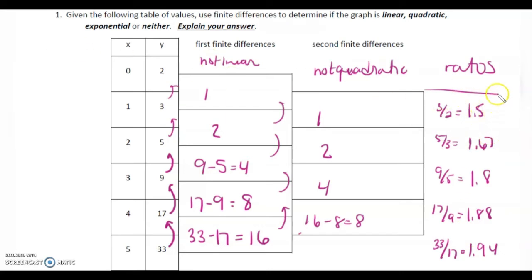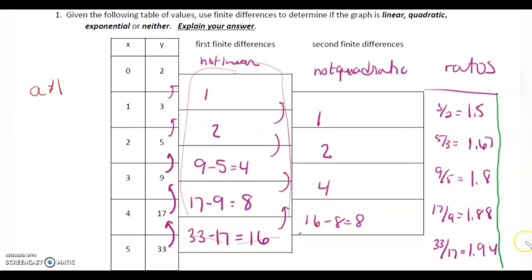So if we're taking a look at these, we would say that they are not exponential. However, there's another way of determining if this is exponential, if the initial value is not 1, which is to do the ratios of the first differences.